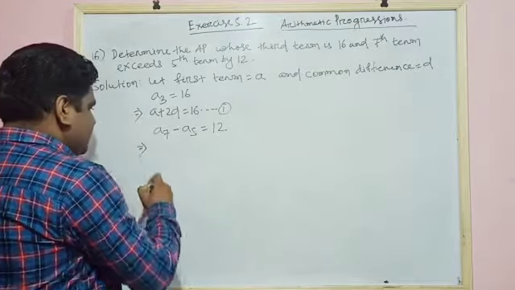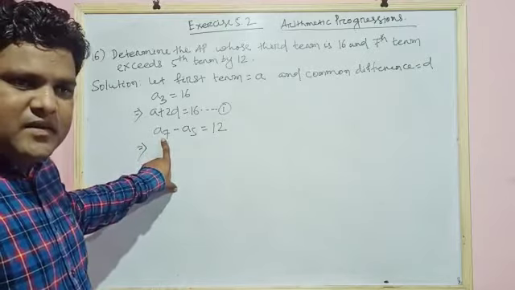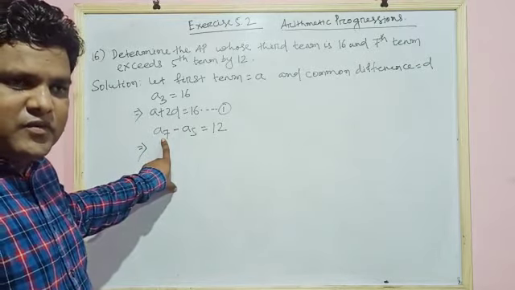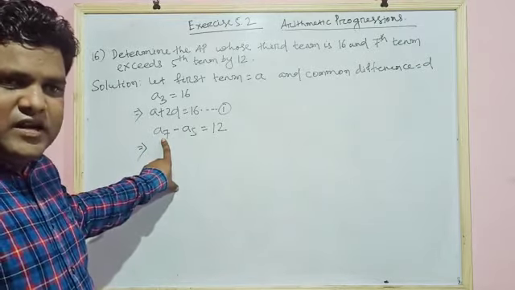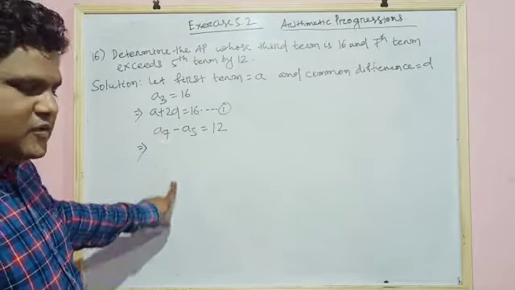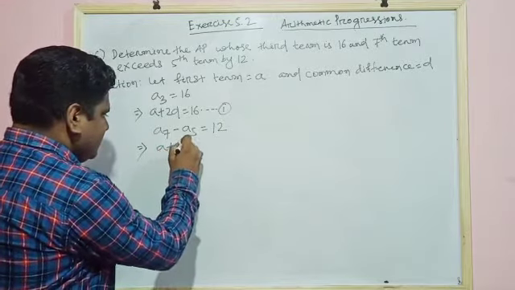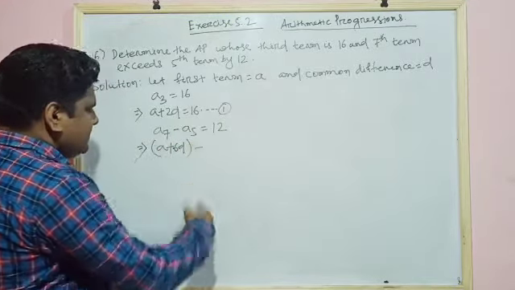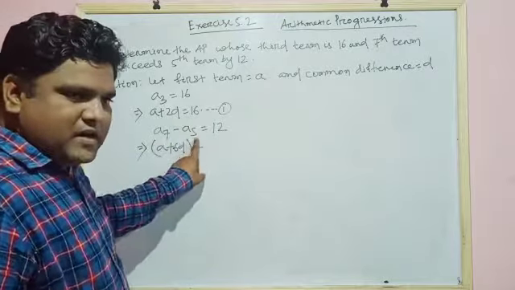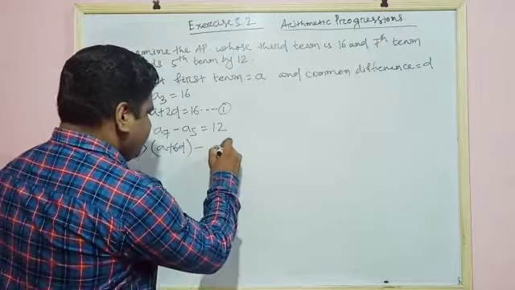Next, we can write A7 equal to A plus 7 minus 1 into D, according to the formula An equal to A plus n minus 1 into D. A plus 7 minus 1 into D is A plus 6D, minus A5, which is A plus 5 minus 1 into D, that is A plus 4D.